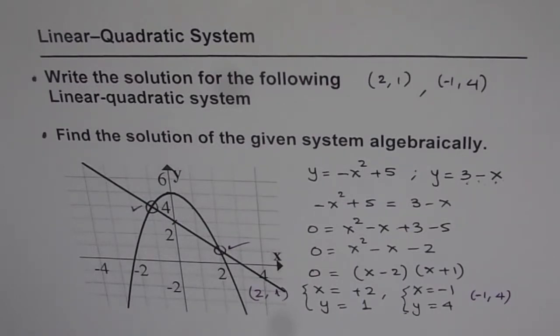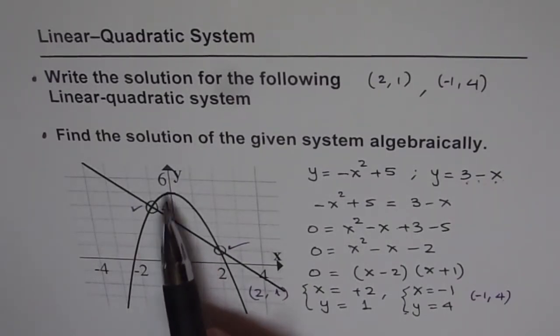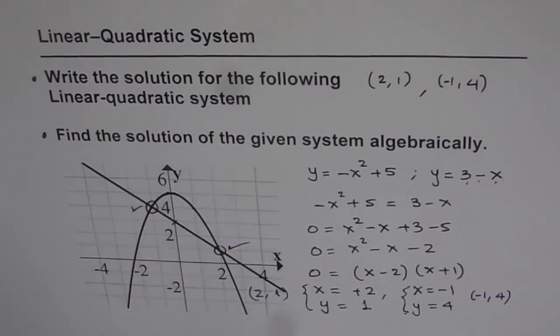Now as an exercise, what you can do here is find a line which will have just one solution with this given parabola. You can sketch any line you want and prove algebraically that they have only one point in common. So that is an added exercise for you.